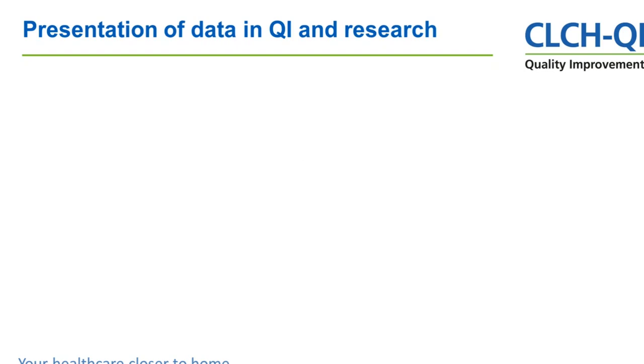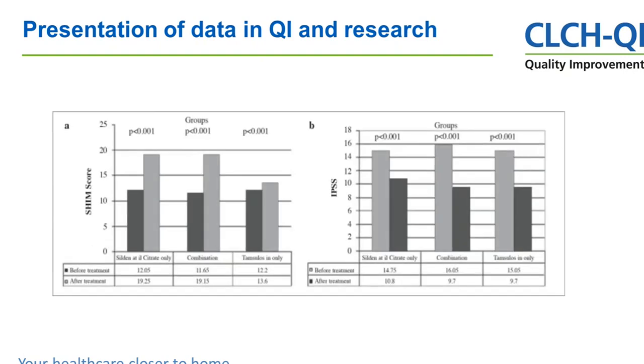But fundamentally, the presentation of data in QI and research is very different. We see here a traditional depiction of quantitative analysis for research, and circled here is the p-value, which is very symptomatic of research and quantitative analysis.